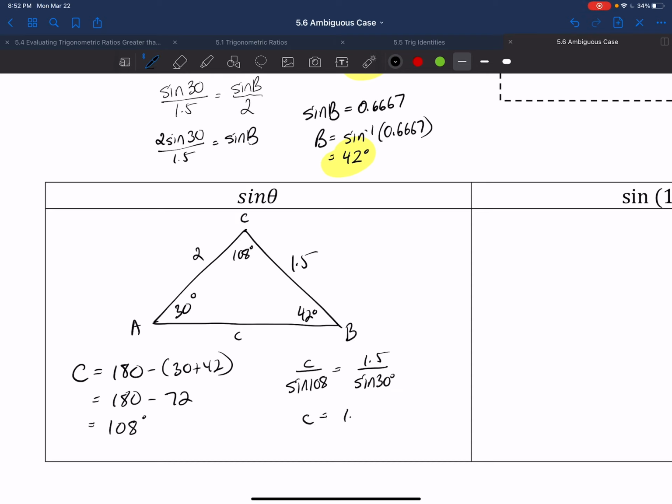So C is 1.5 times the sine of 108 divided by sine 30. So we already figured out angle C. Now we got to figure out side C. So type it in.